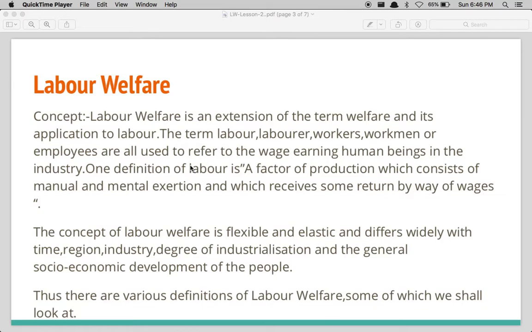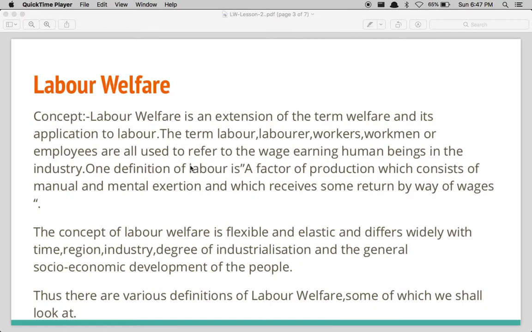The concept of labor welfare is flexible and elastic and differs widely with time, region, industry, degree of industrialization, and the general socio-economic development of the people. For example, let us take an air conditioner.